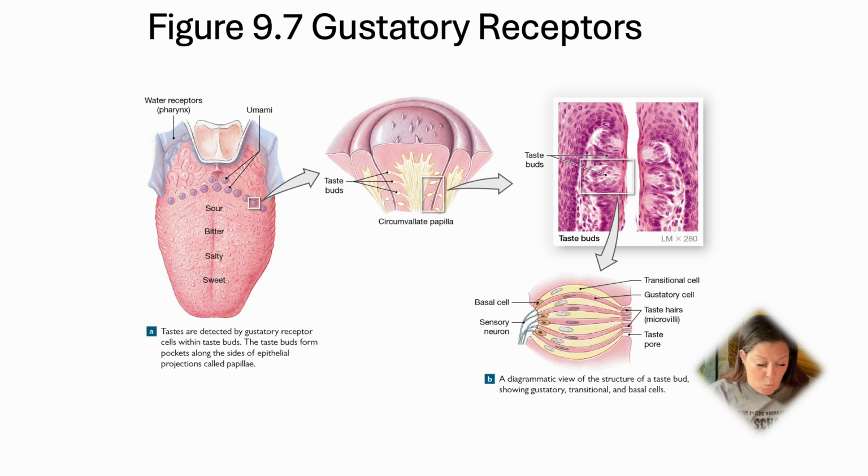And these are what we consider our taste buds. These are specialized epithelial cells that are interpreting the sensation of taste, whether it's food, drink, etc. And they are scattered throughout the tongue and the pharynx and larynx as well.